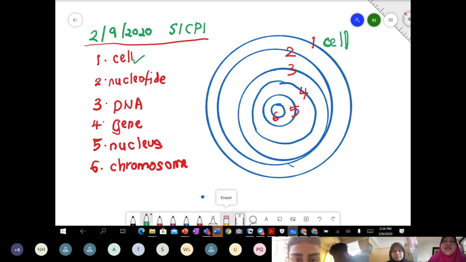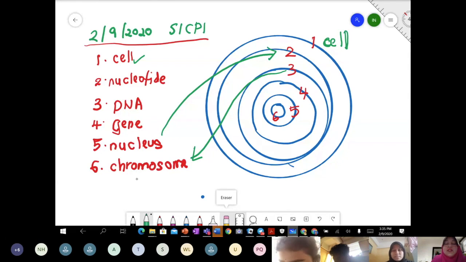Inside the cell you will find the nucleus. Yes, inside the cell. Okay, open up the nucleus, you will discover there is a chromosome. Am I right? So number three is chromosome. Number one, cell. Inside the cell there is a nucleus. Inside the nucleus there will be chromosome.